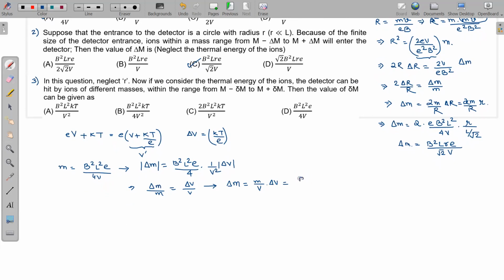So again from expression 1 that we calculated in the first part, I can write this as B square L square E divided by 4V into V, and delta V is simply KT divided by E. So this E part gets cancelled out. So you can see that we are left with B square L square K times T divided by 4V square. So this must be the value of delta M. So B square L square KT by 4V square. So this option must be the correct option.